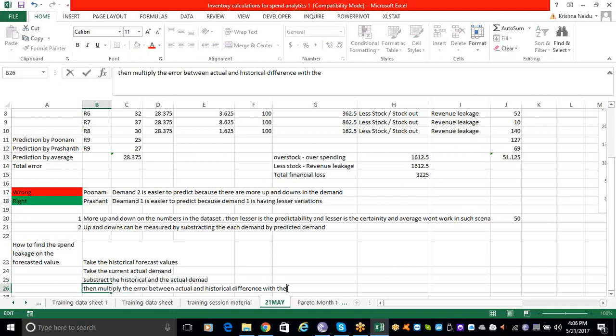with the unit price of the product or part or service.